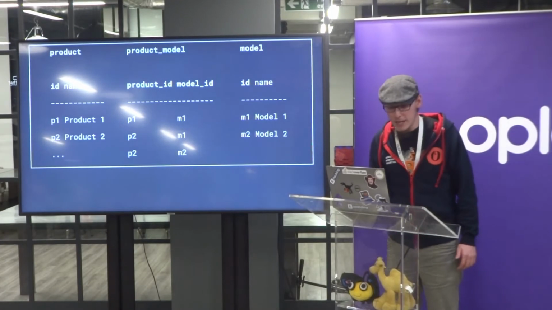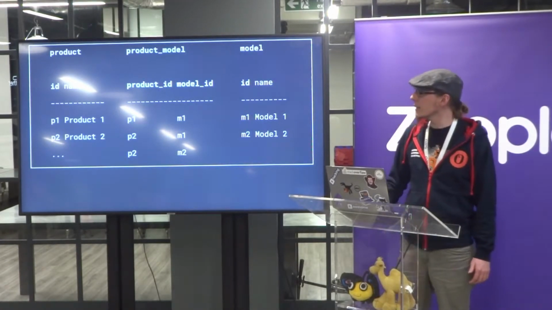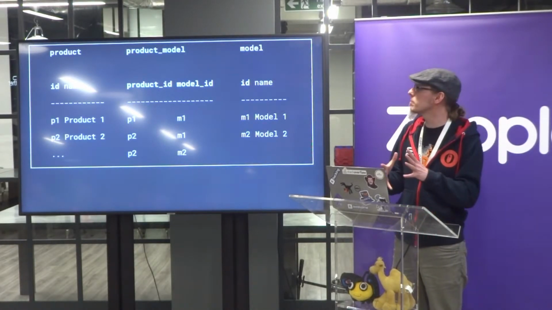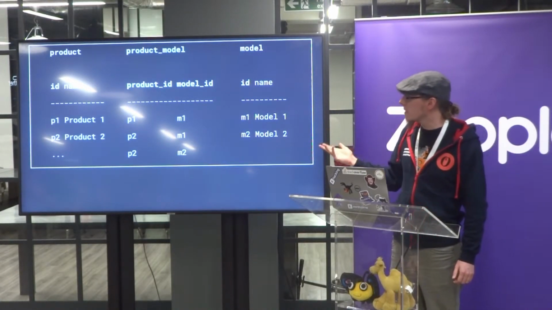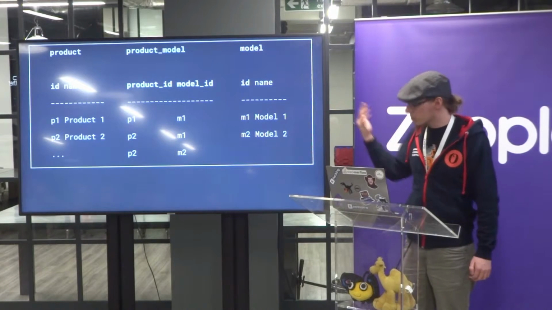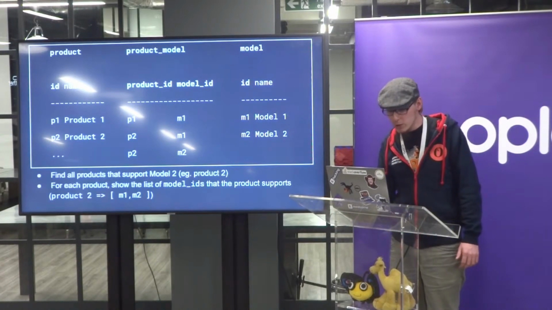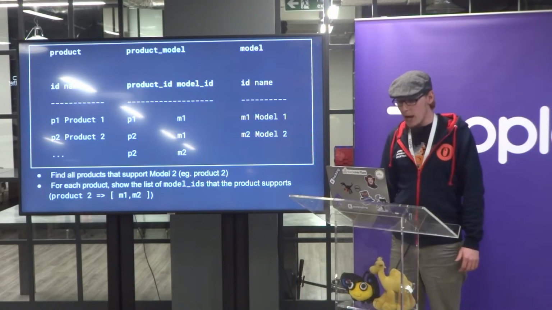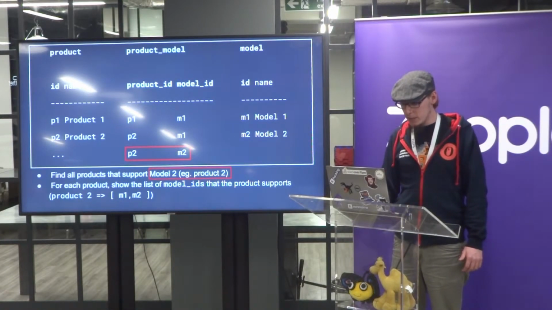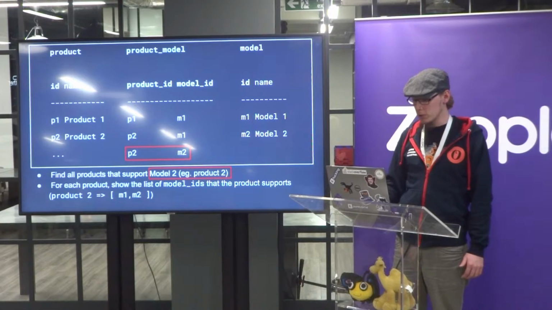So it's got these three tables. There are products, there are product models, that's the relationship between the product and the model, and there are models. And there's some example data. It's just like product 1, product 2, and so on. And what he wants to do is find all the products that support model 2. And that's pretty much here in our example, product 2.